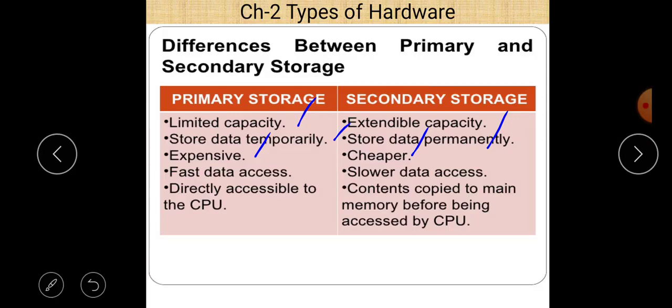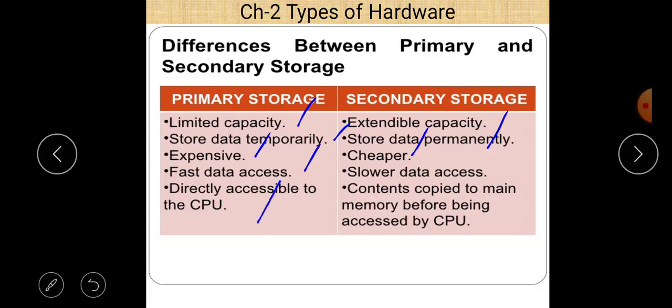Primary memory is much more expensive as compared to secondary memory. We get fast data access using primary storage, meaning read or write operations on memory. And the next most important point is direct accessibility to the CPU.